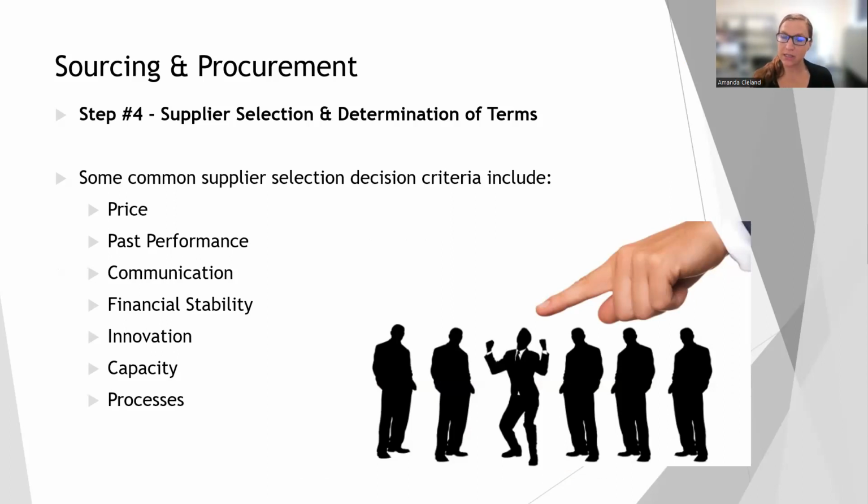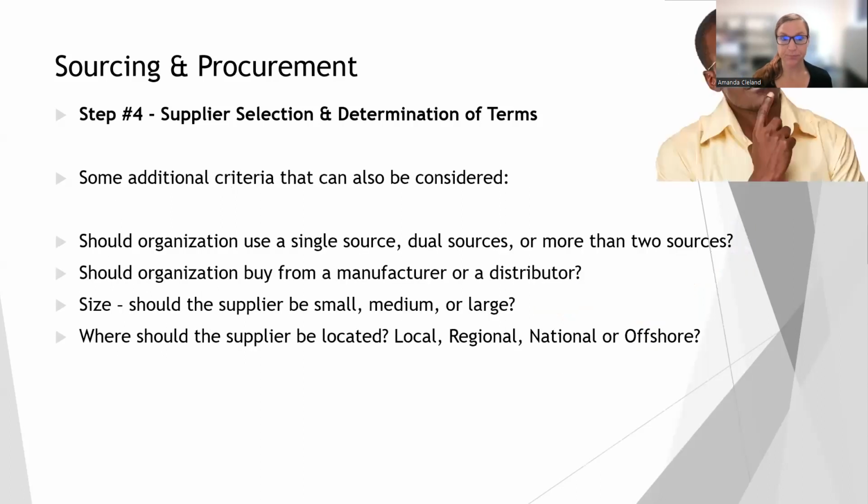Are they looking like they could go bankrupt or are having big financial problems? Probably don't want to be buying from them. How is their innovation? What is their capacity? Do they truly have the capacity to take on what we need them to do? What are their processes? Do they align with our processes? So there's a lot of different things that we can look at other than simply price alone.